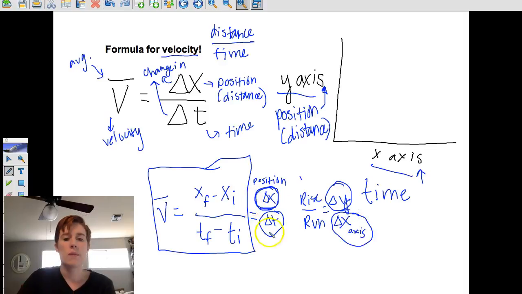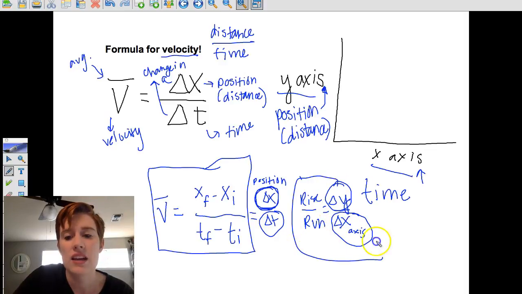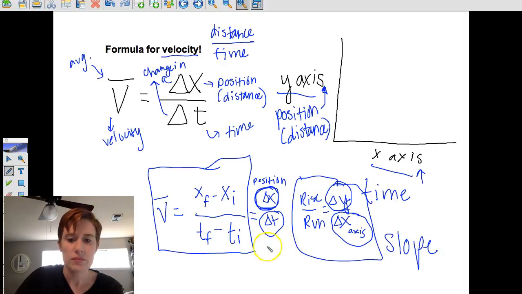So if you remember, what did rise over run or change in y over change in x give you in algebra? Anyone? Anyone? This is like Dora the Explorer. Do you guys have the answer? This right here was your formula for slope in algebra.